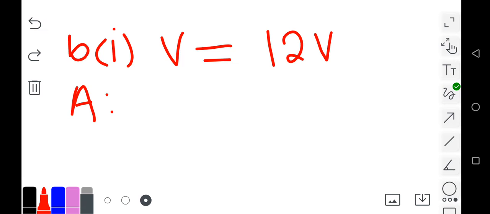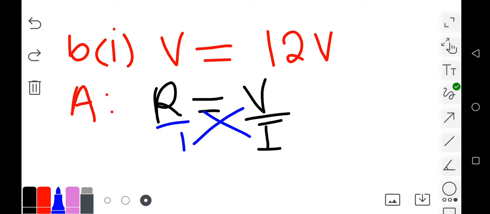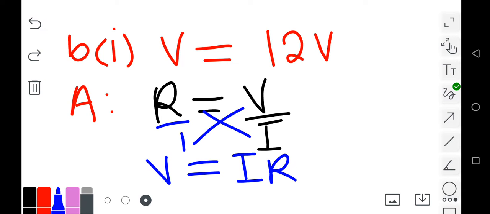So we know that the formula for Ohm's law is resistance equals voltage over current. Now, if we make I the subject of the formula by cross multiplying, 1 times V is V, equals R times I, which is just IR.